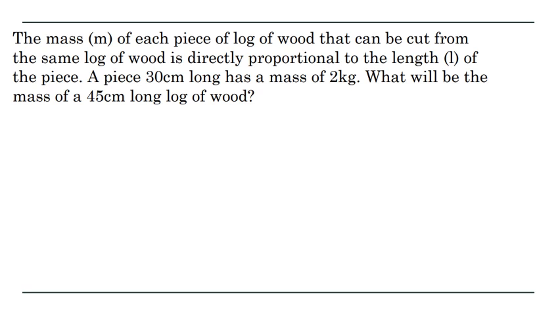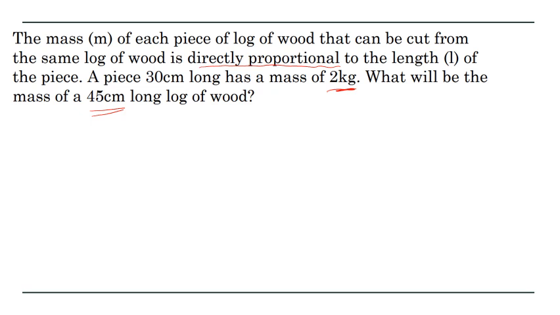Okay, so in this case I would also put the 30 centimeter. When you cut 30 centimeter, its weight is 2 kg. When you cut 45 centimeters, we want to find what its mass will be. So in this case the relationship is a direct proportional relationship, which means it's a direct variation.